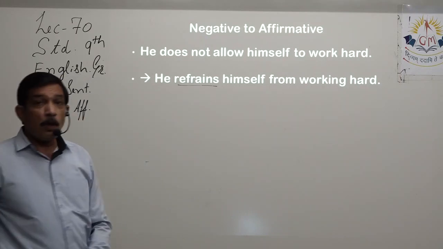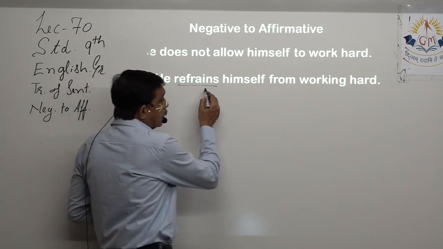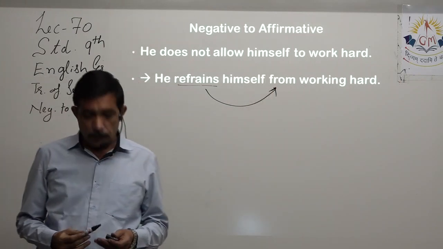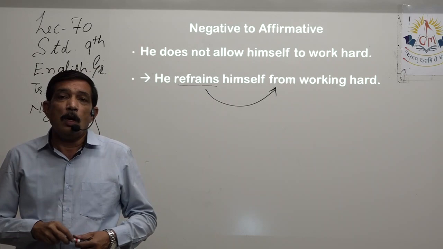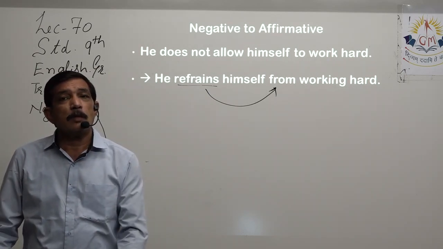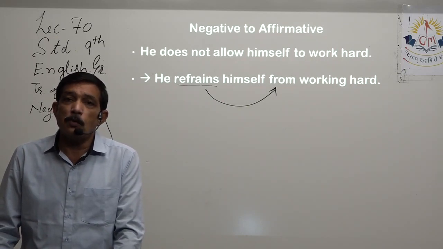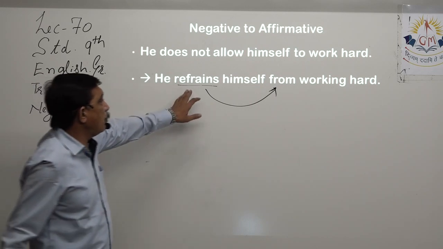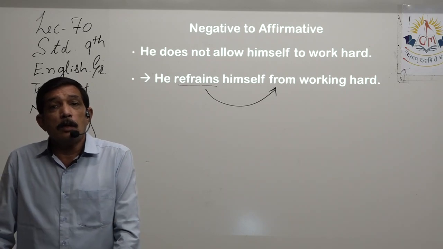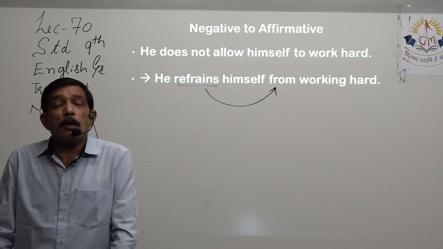Now, the problem with some of these words is that they take up prepositions of their own. They do not allow indulgence of just any preposition. For example, "come" is a verb, right? Here "refrain" is a verb. Some verbs take up only a particular preposition.